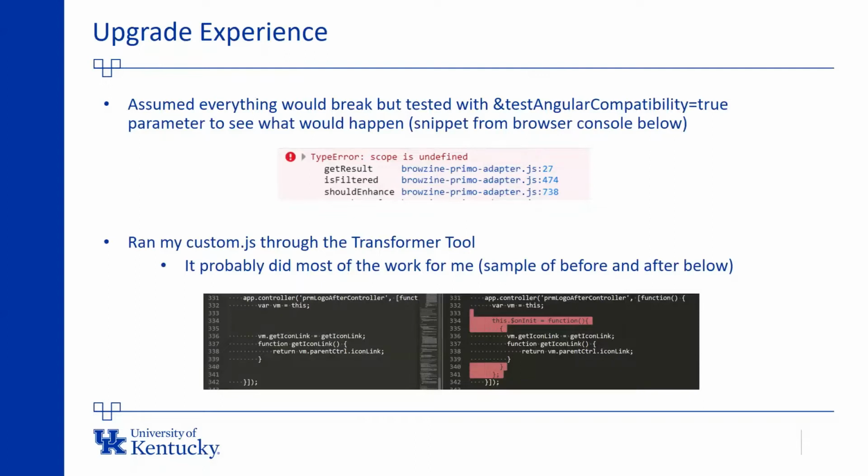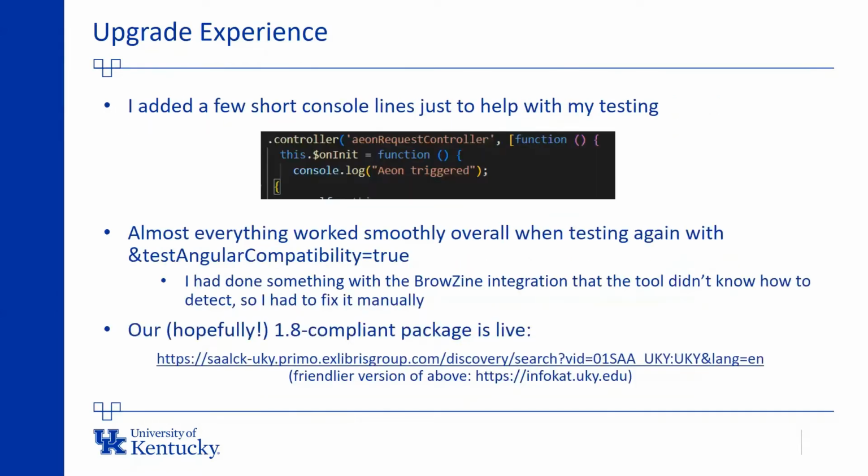So I took the updated JS from the web tool that you showed a little while ago, uploaded it to one of our test views, and I added a few console log lines myself for each of my integrations. Some of them aren't very visible when I'm using them, so I just wanted to make sure I could tell when they were actually firing off.